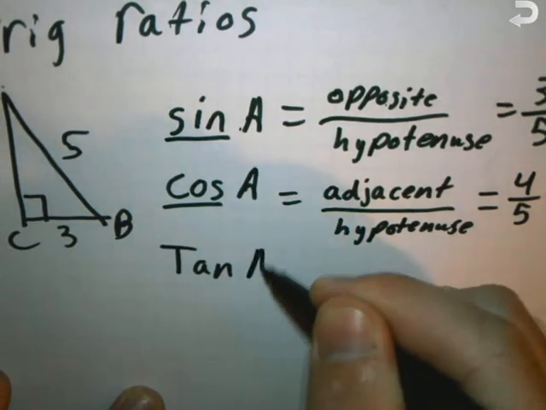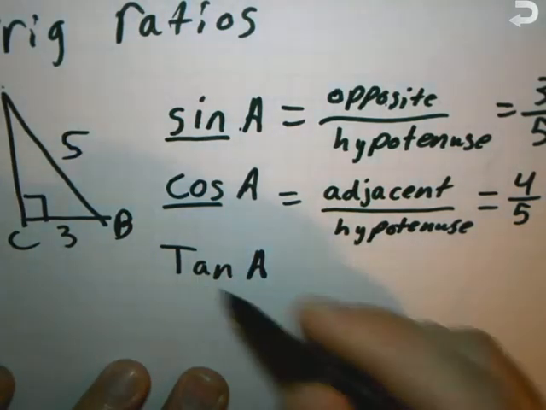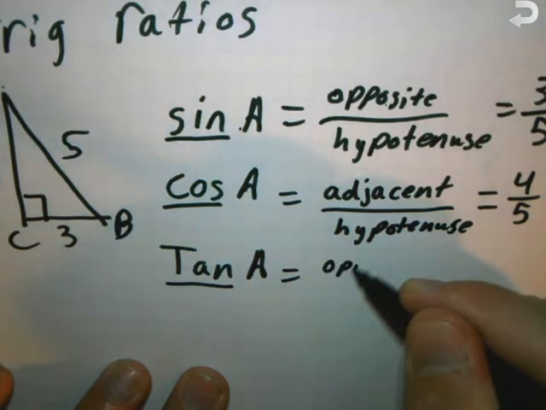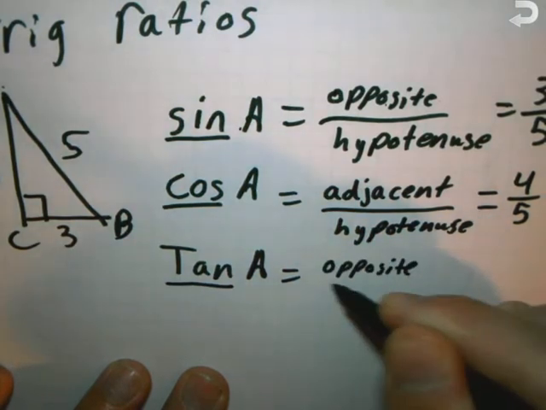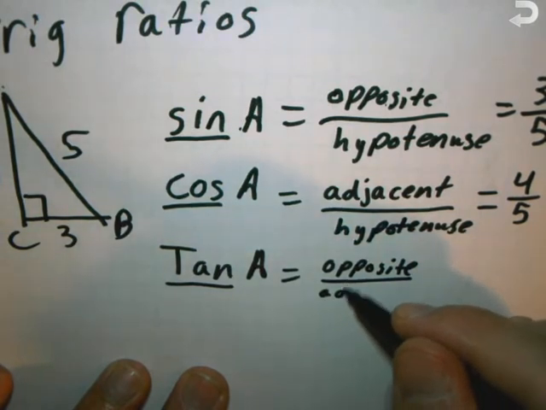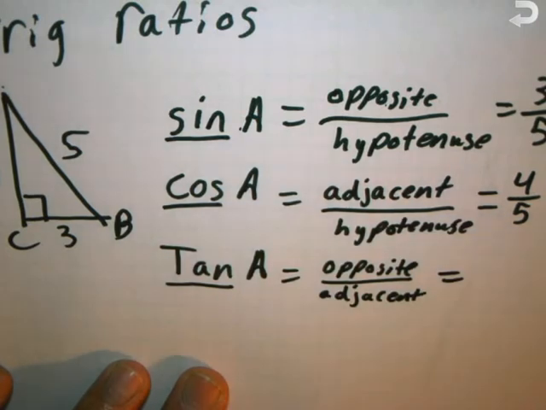Now we're going to do tangent. There's only 3 of these: sine, cosine, and tangent. And tangent is equal to the opposite over adjacent.